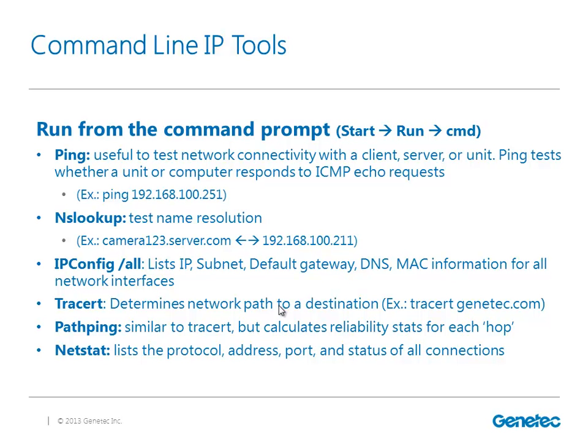The traceroute command determines a network path to a given destination. The pathping command, similar to traceroute, but calculates reliability statistics for each hop. And the netstat command that lists the protocol, address, ports, and statuses of all connections.